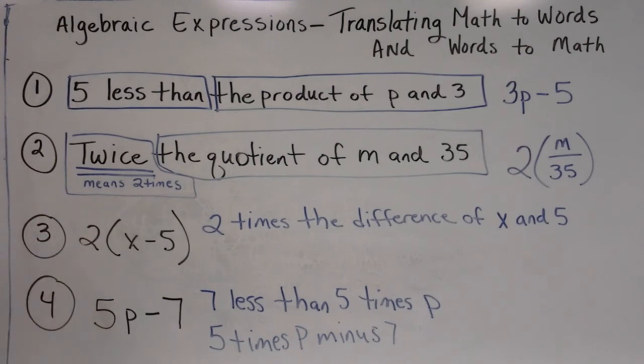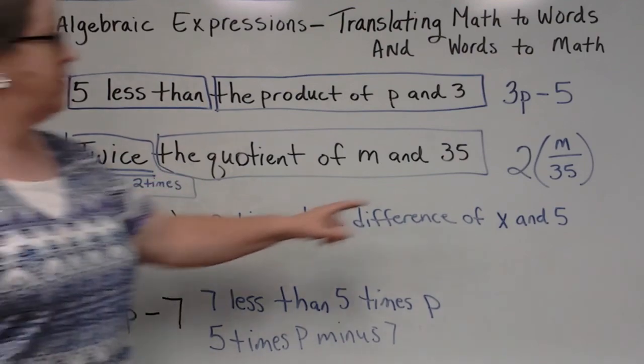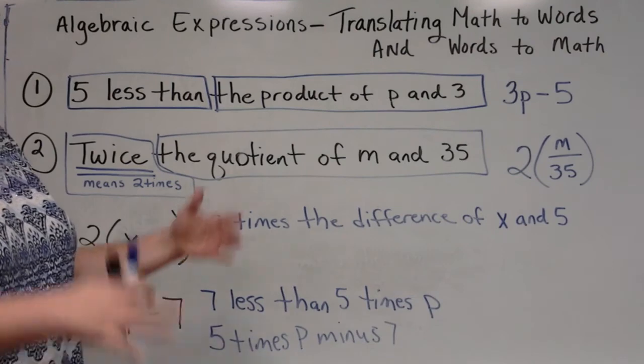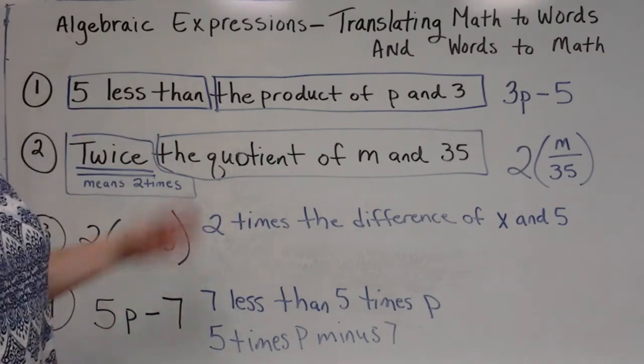Okay, number 2, twice. Twice just means 2 times. If you ran a race twice, you ran it 2 times. So twice means 2 times. So this is really like saying 2 times the quotient. So I put my 2 here and my parentheses because I'm going to multiply. How did I know I needed parentheses? Because it just made sense to me to put it.